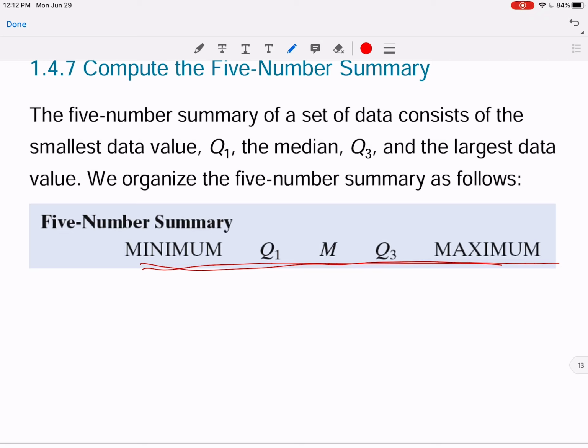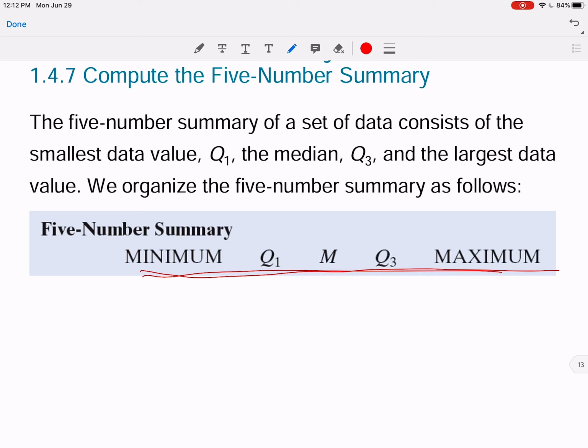Now let's take a look at what the 5-number summary of the previous example looks like. First of all, let's write down 5-number summary, and then we want the min, Q1, median, Q3 and the max.